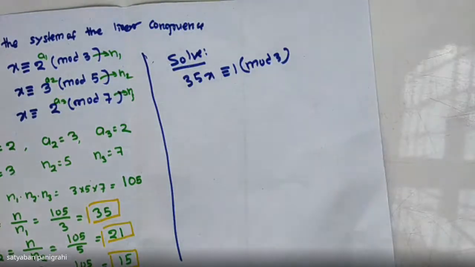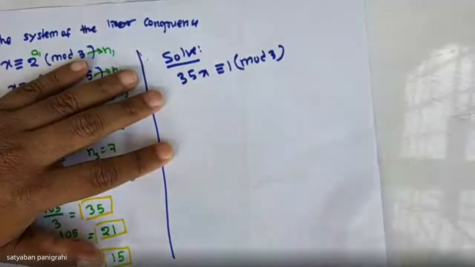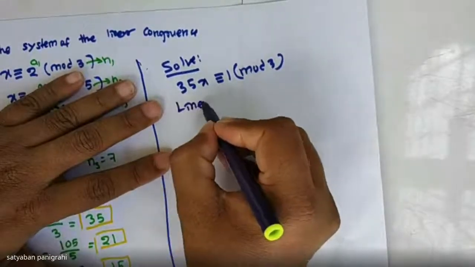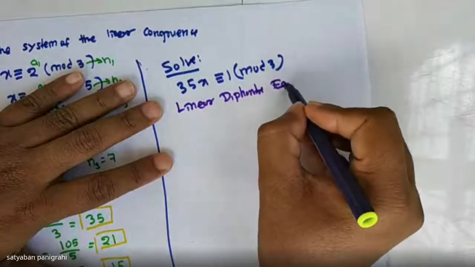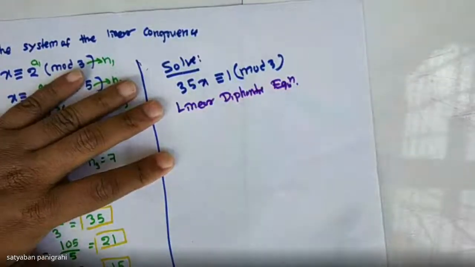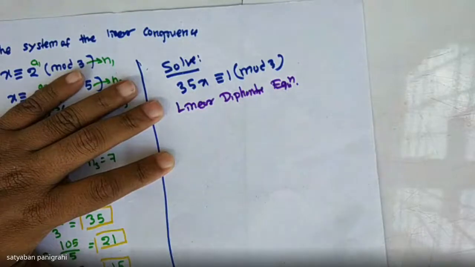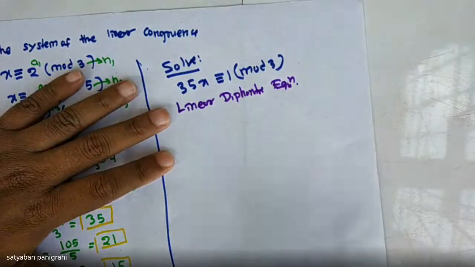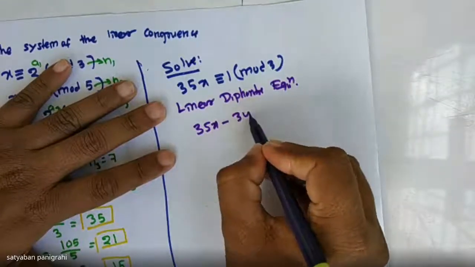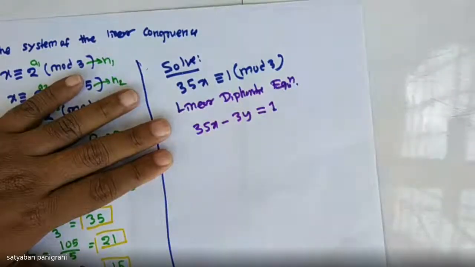Think of this as a linear Diophantine equation, as we have discussed in our previous classes. You have to go for 35x minus 3y equal to 1. You have to solve it.